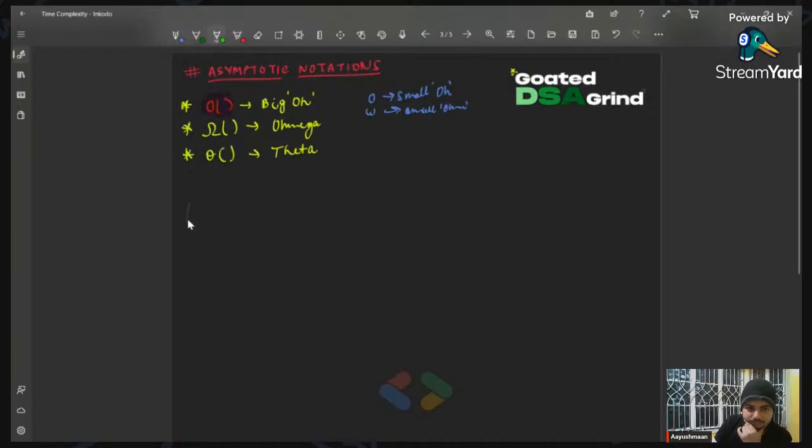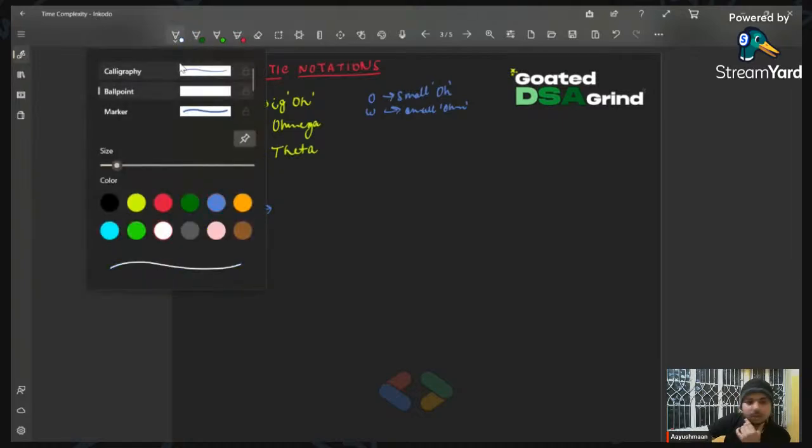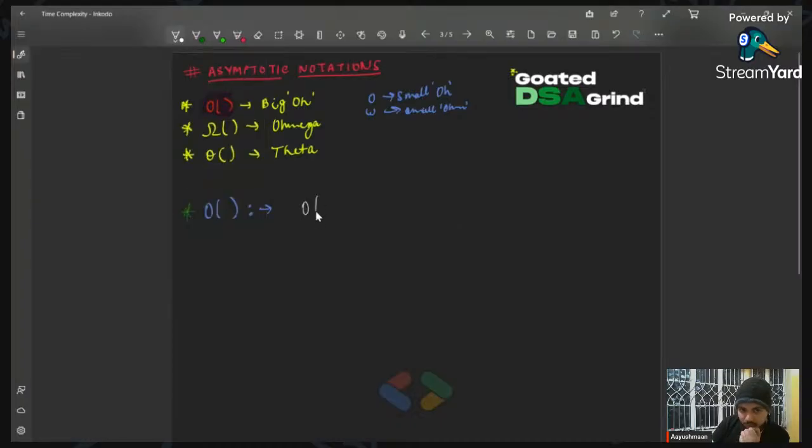Starting with big O notation. We state it in terms of functions. Say g(n) is a function here.